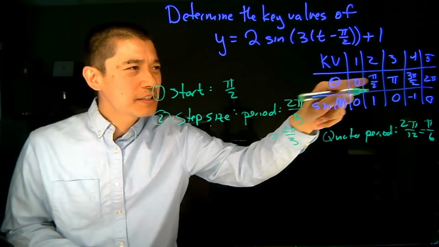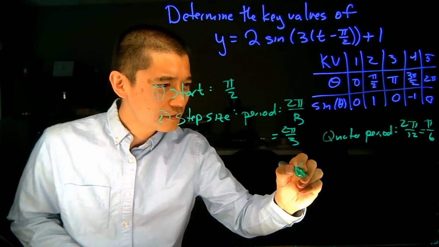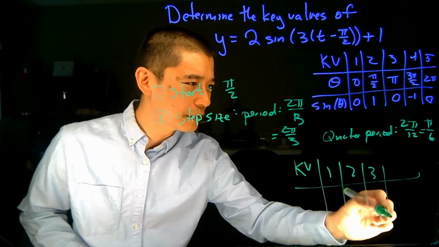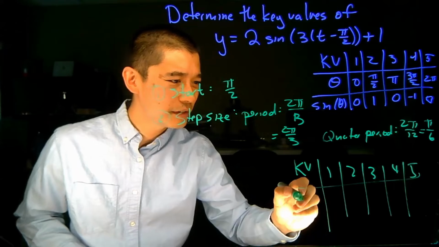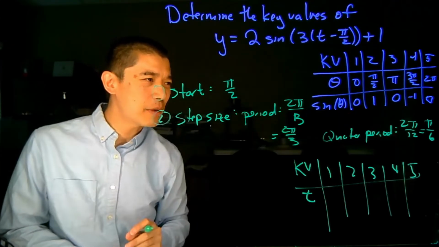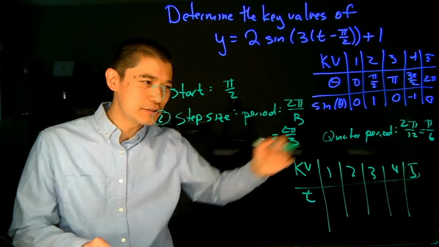Right, and so this gives us, for the chart of key values for our new function, 1, 2, 3, 4, and 5, our t values, they're going to start at pi over 2, and then they're going to take pi over 6 steps as you go to the right.